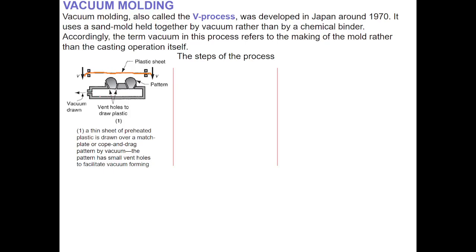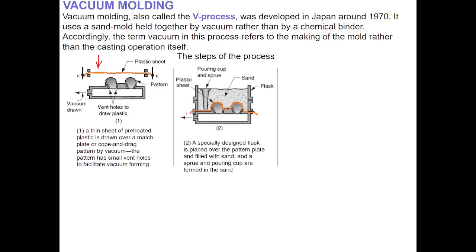We keep the pressure within this box, just under the pattern, less than the atmospheric pressure. So with the pressure difference created, this side of the plastic sheet is under the action of atmospheric pressure, while the bottom side is in vacuum. So this plastic sheet is sucked and wrapped to the pattern.